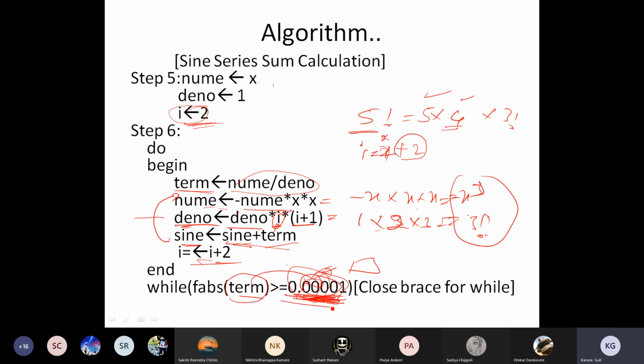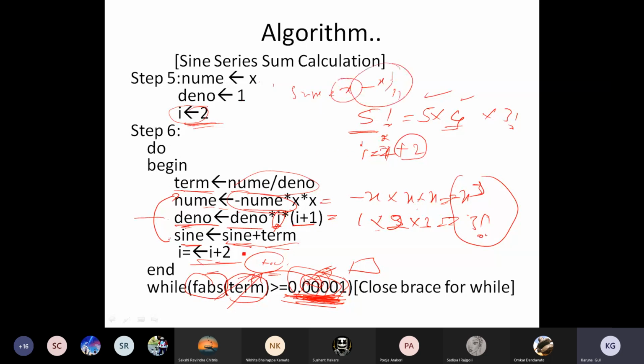Calculating that value, you are checking it against 0.001. Please remember, I am going ahead with fabs because I want this term to be a positive value. In some cases this particular term is going to become negative, because sin x is equal to x minus x cube divided by 3 factorial.